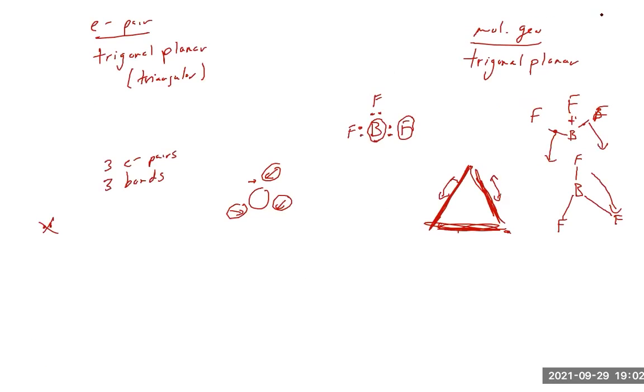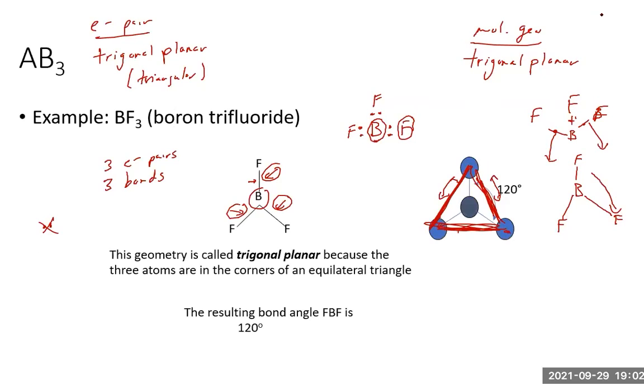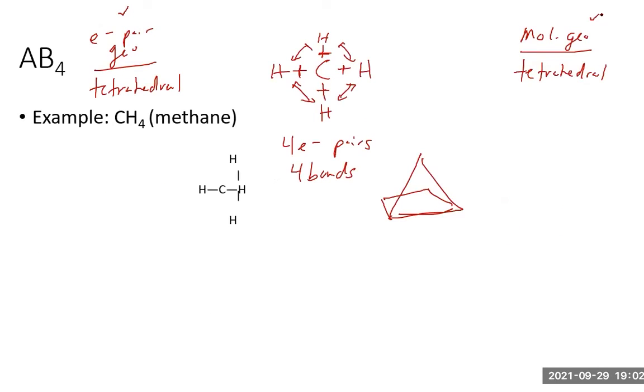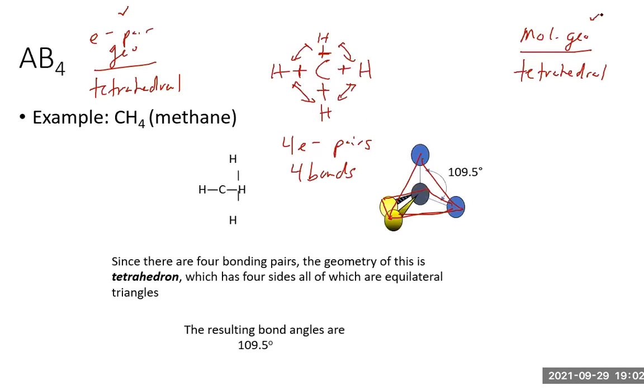And what all 3 of these share in common is that when you draw the Lewis structure and look at the central atom, there are no non-bonding electrons, the dots basically.